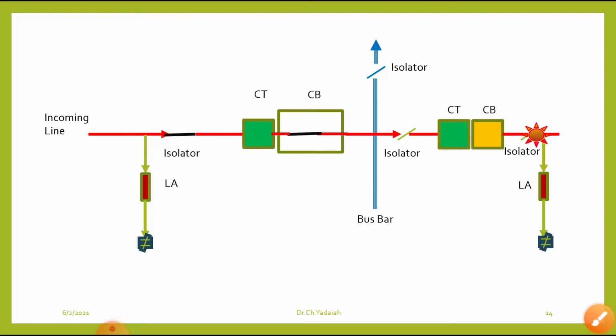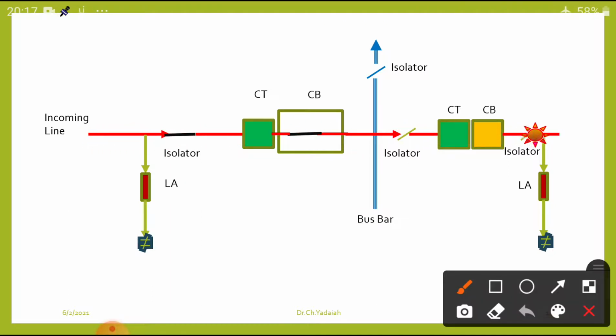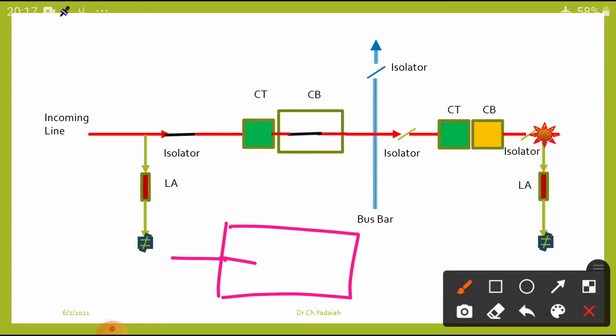Now coming to the circuit breaker. What does the circuit breaker normally consist of? If you can see this one, the circuit breaker is in the open circuit condition. Once current is stopped here, and once I close the circuit breaker by the relaying system, it will close.